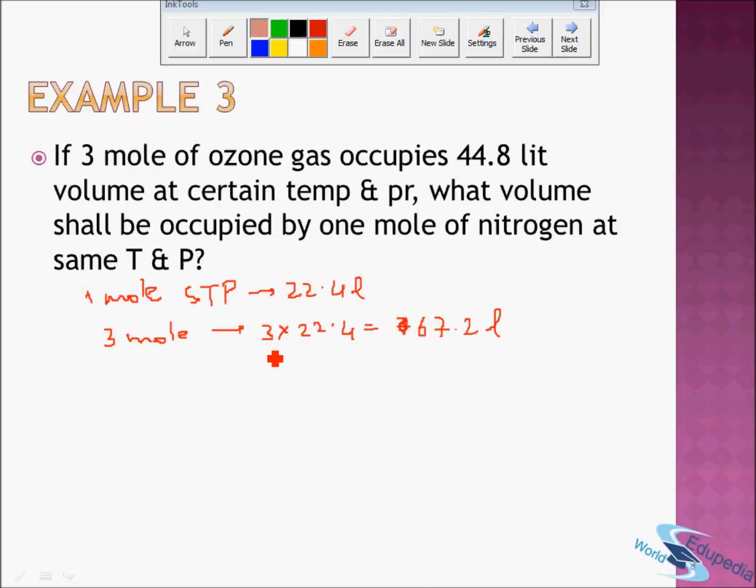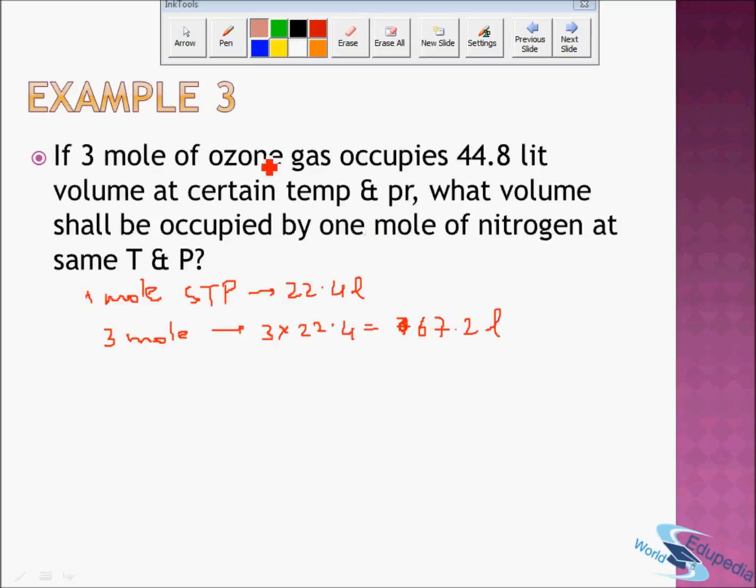You can use the formula n is equal to V divided by 22.4, or you can directly say that 1 mole occupies this much volume, so 3 mole will occupy 3 times that volume. So 3 times 22.4 is 67.2 liter.